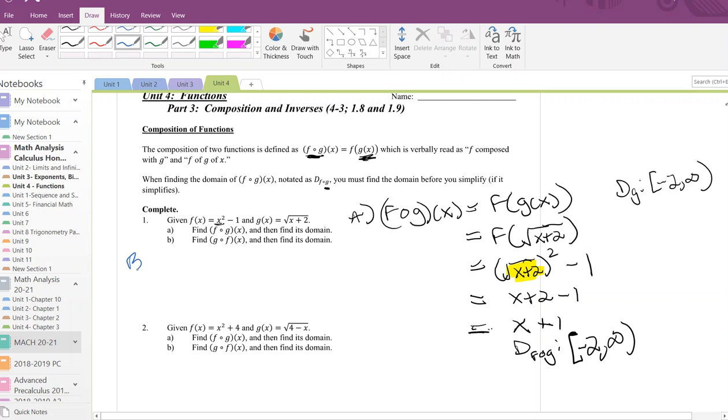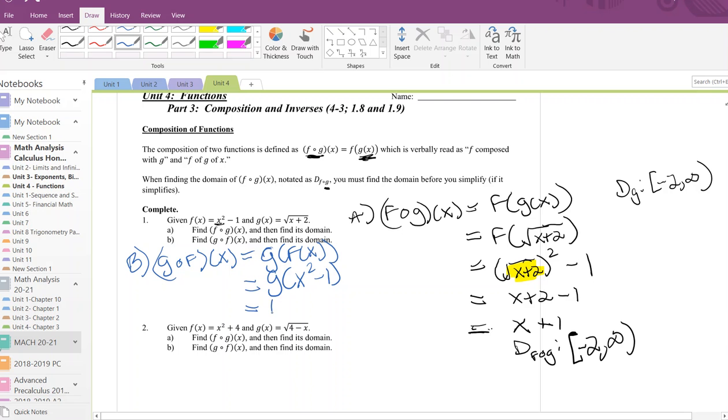So for part B, to find g of f of x, the order does matter. So that means you're going to take the f function and put it in the g function. So f of x is x squared minus 1. There is no restriction here.